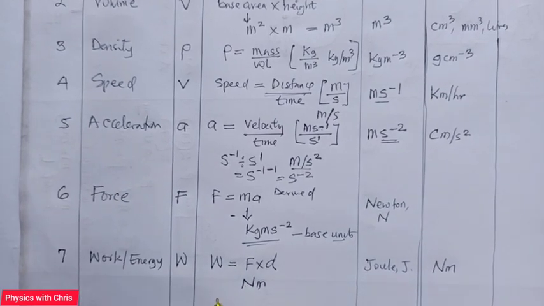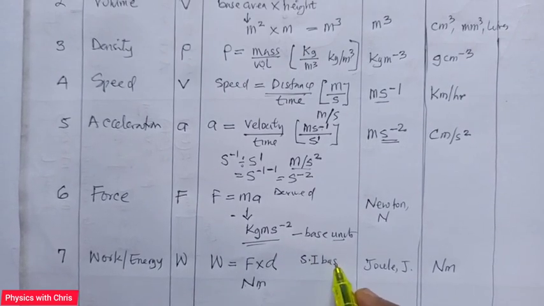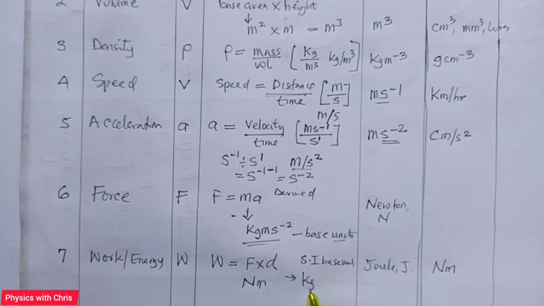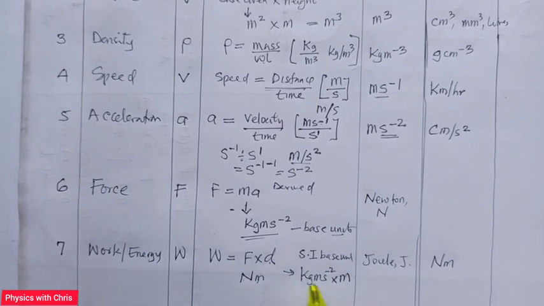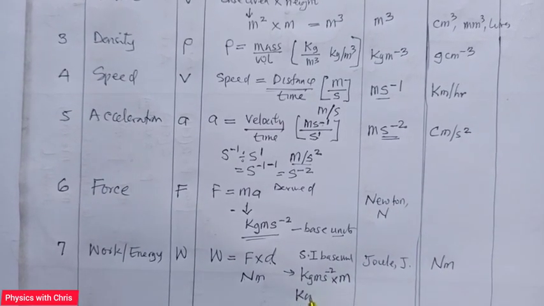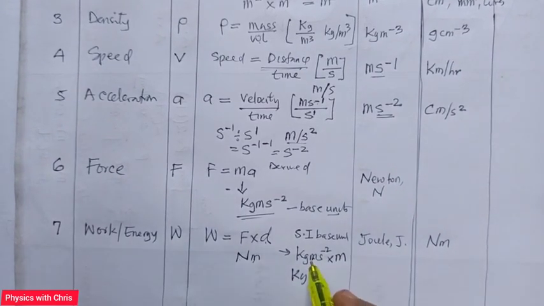But in terms of SI base units, what's the SI base unit of work done? Now that of force is already given as kilogram meter per second squared, multiplied by distance in meters. So we are multiplying this meter by this meter, because those are the two like units.